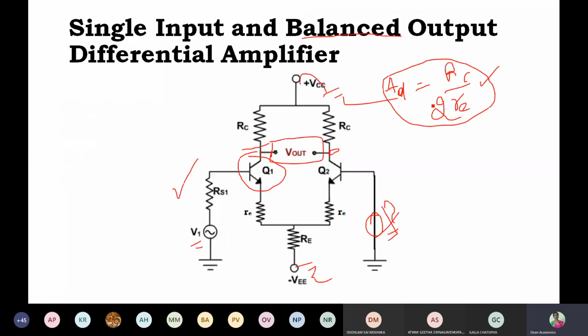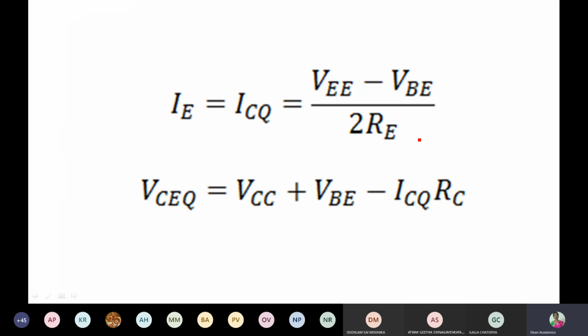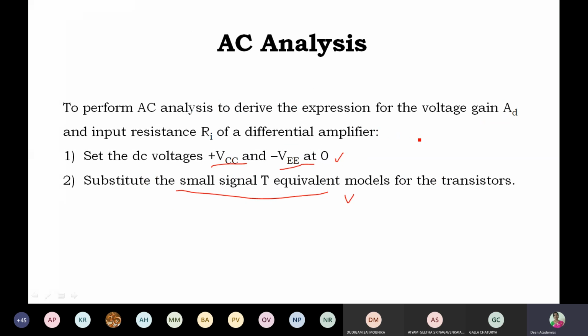Today what we have studied, right? From here we have studied the single input balanced output differential amplifier. In this amplifier, we have taken this circuit, and after that we have drawn the DC equivalent circuit, and DC analysis is same, and then AC analysis with respective steps.